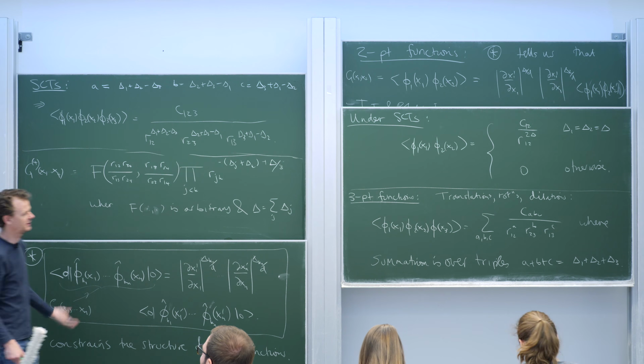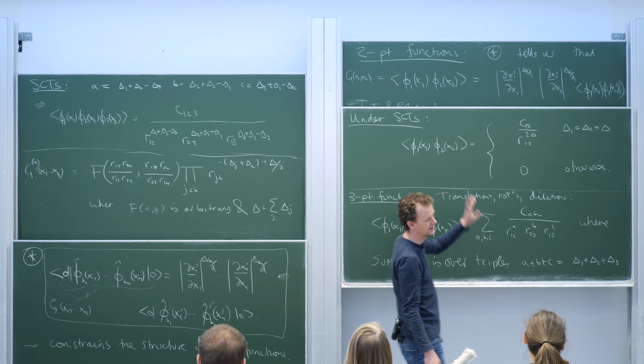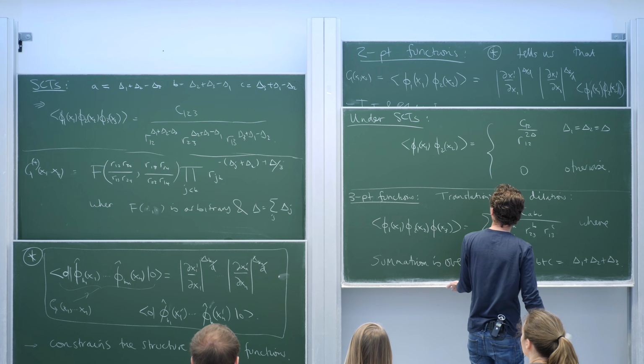So the reason d has to be bigger than 2 is that the comment about rotation invariance doesn't work in lower dimensions.